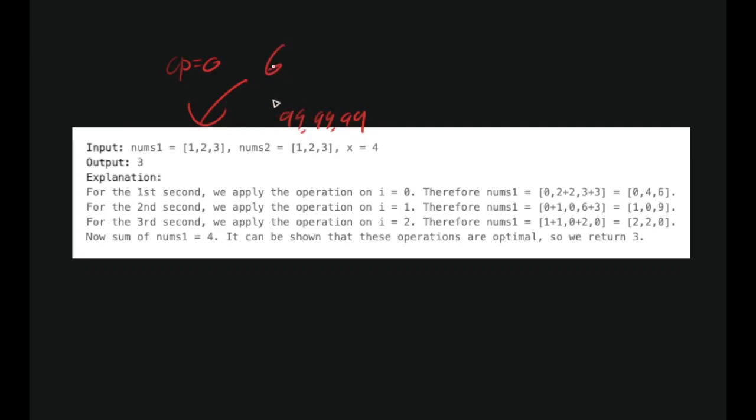But if nums2 equals 99, 99, and 99, then even one operation will make the sum much larger than 6. So it is not always better to perform more operations. It means we pretty much cannot do binary search here, because sometimes it is better to perform fewer operations. That's the first observation.